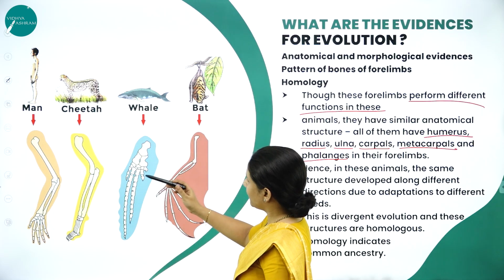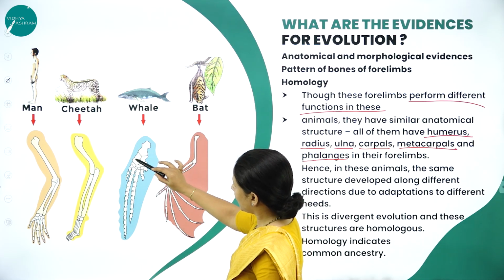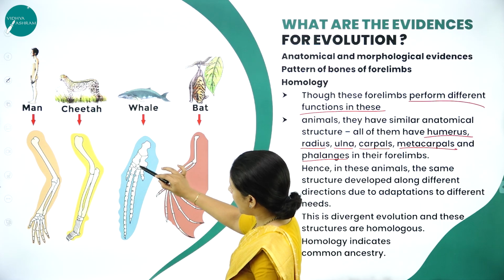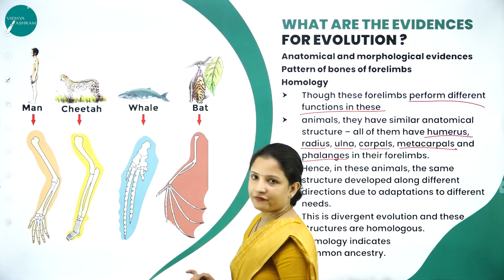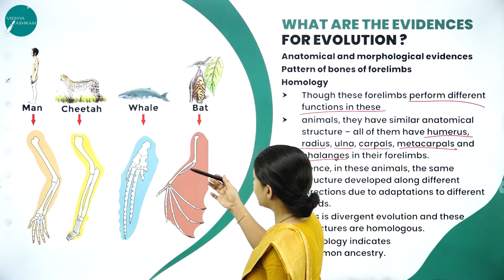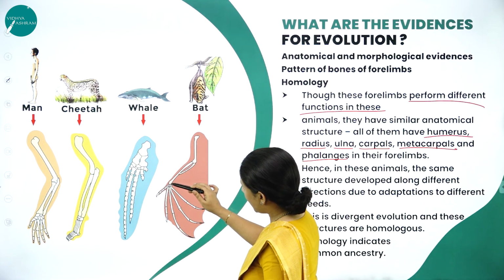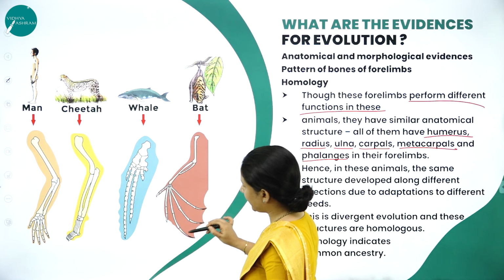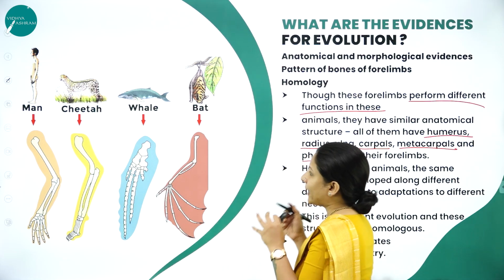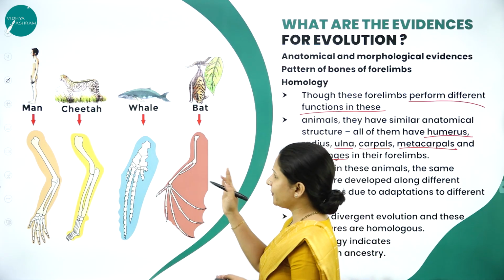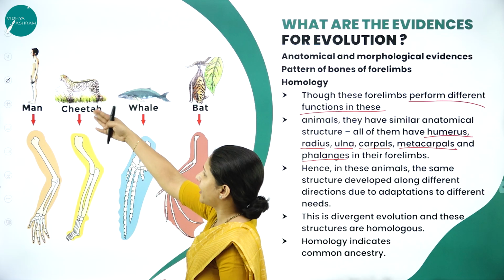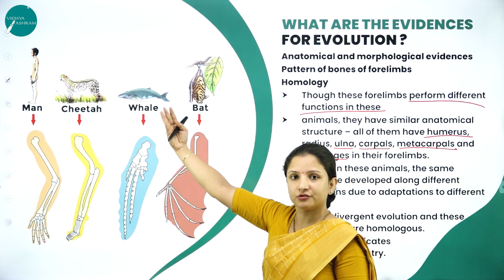In the case of whale also, and even in the bats also, they have the same bones. So anatomically it is similar. So maybe these organisms might have evolved from each other. That also we can say.